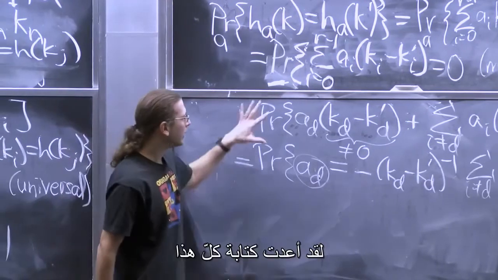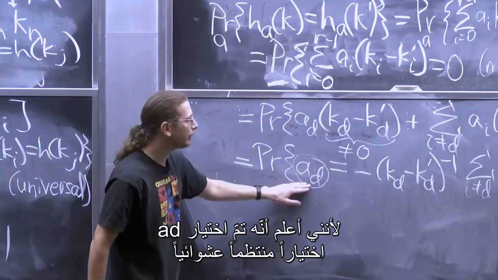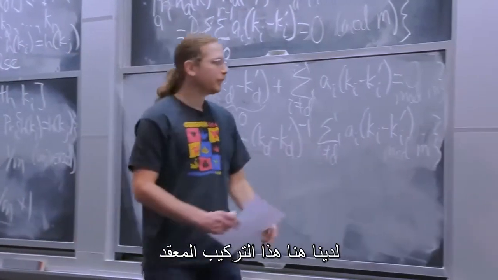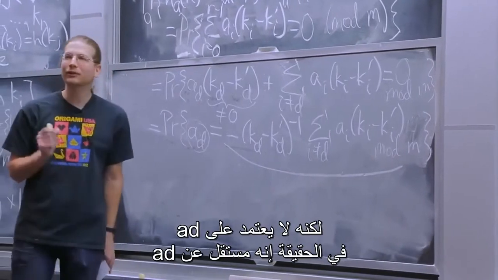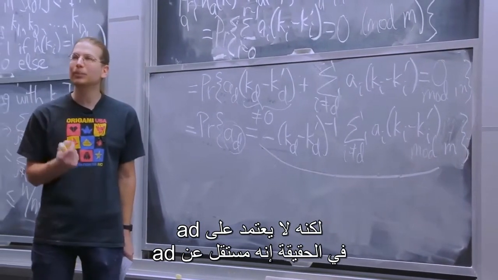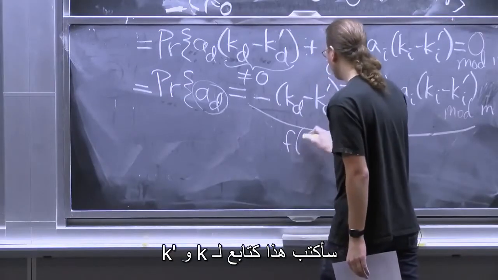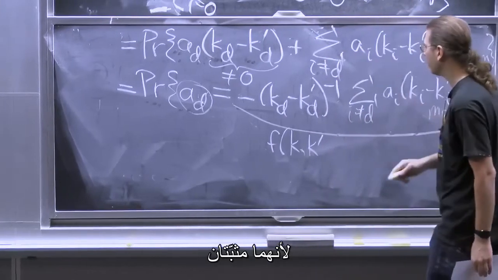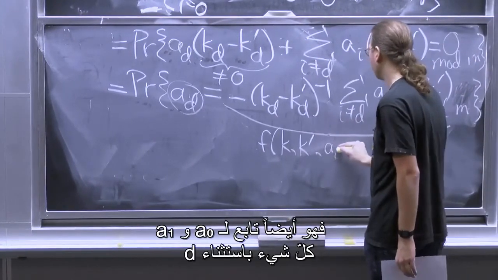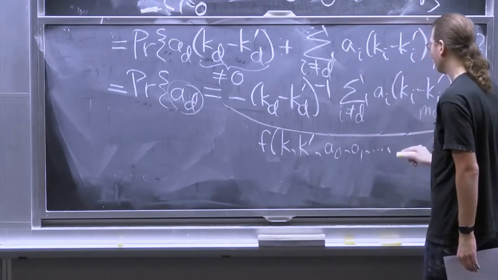So I've done all this rewriting because I know that AD is chosen uniformly at random. And here we have this monstrosity, but it does not depend on AD. In fact, it is independent of AD. I'm going to write this as a function of k and k prime, because those are given to us and fixed. And then it's also a function of a0 and a1, everything except d.